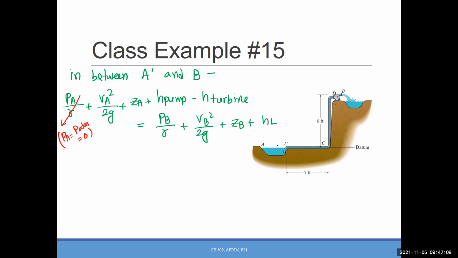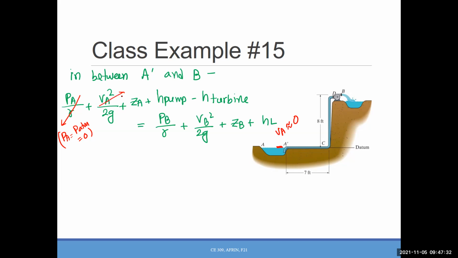But what will be the velocity exactly at that point on top of that surface? That is the velocity inside the pipe. At A, this is just open surface. Another advantage, the velocity is almost 0. That's why it's easier to choose open surface.